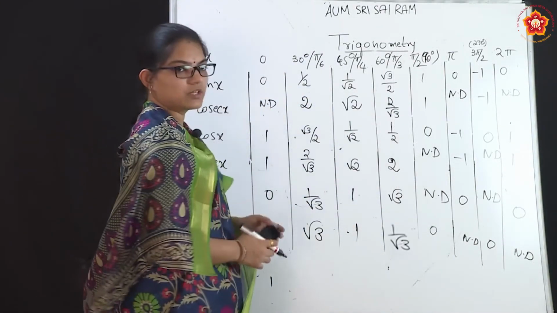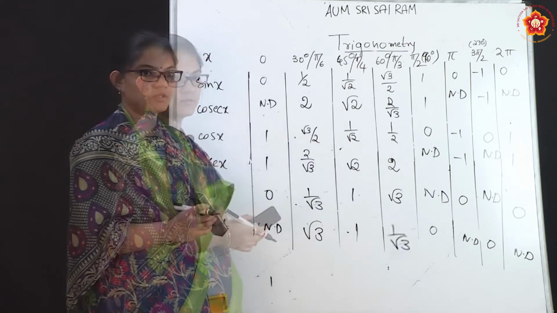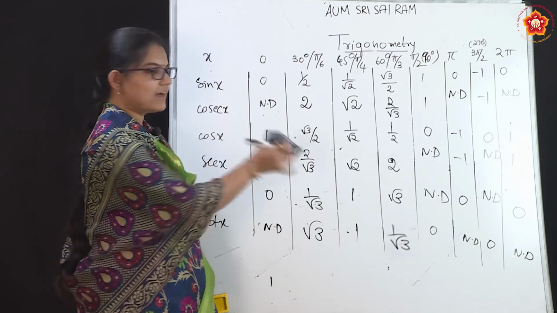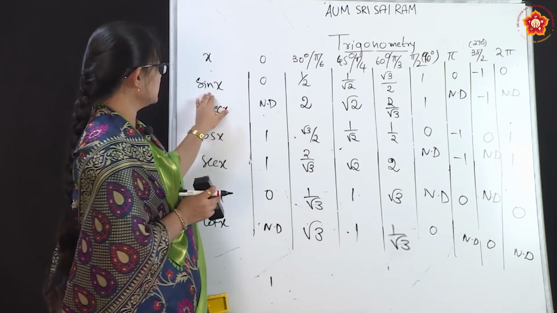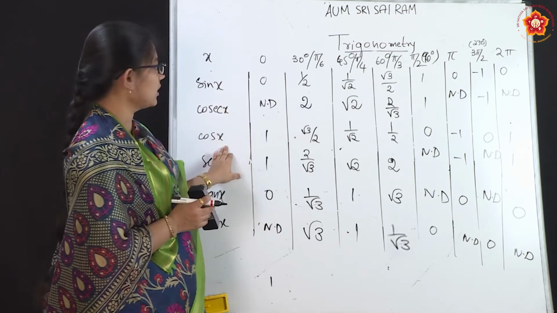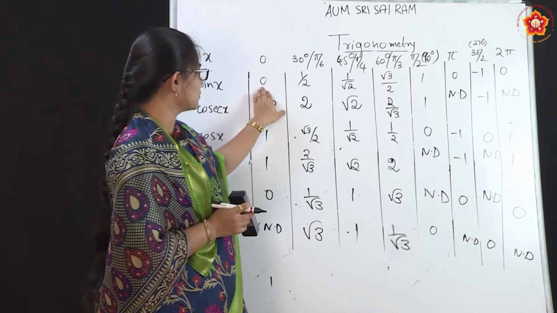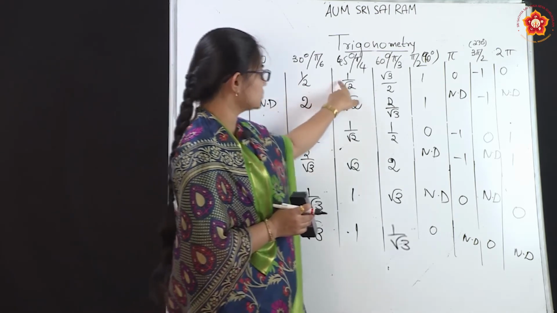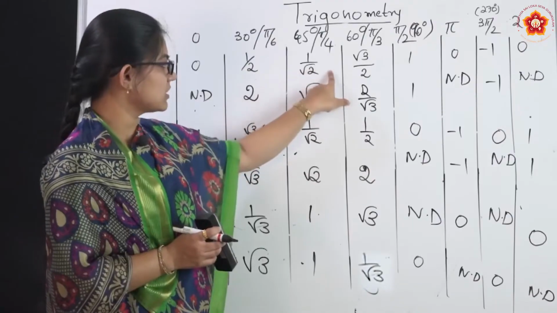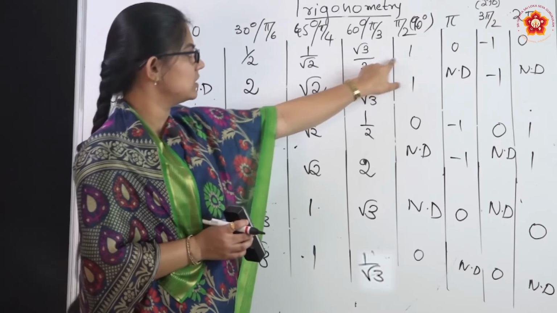So, this is how we can find the values of all the trigonometric functions. We can observe the values of trigonometric functions here. So, if you see the values of sin x and cos x, first for 0 you get 0, for half you get 0.5, next 1 by root 2 is around 0.7, next root 3 by 2 you will get around 0.86 and 1.